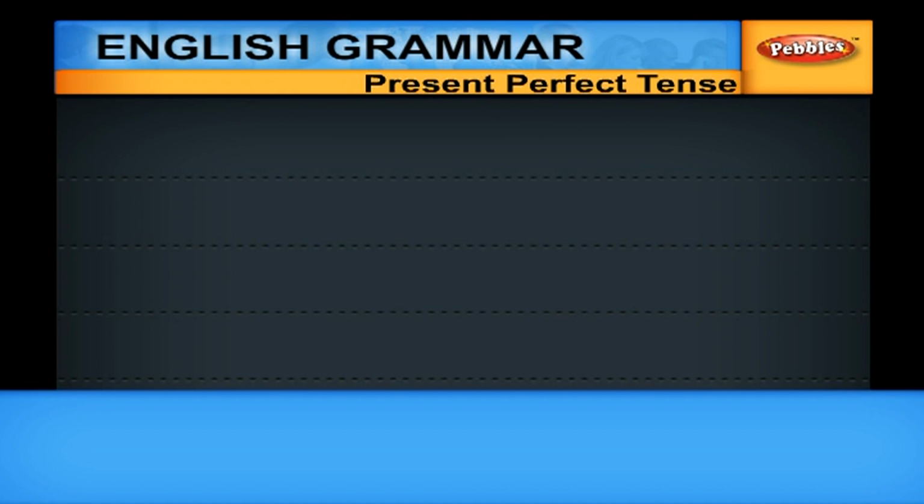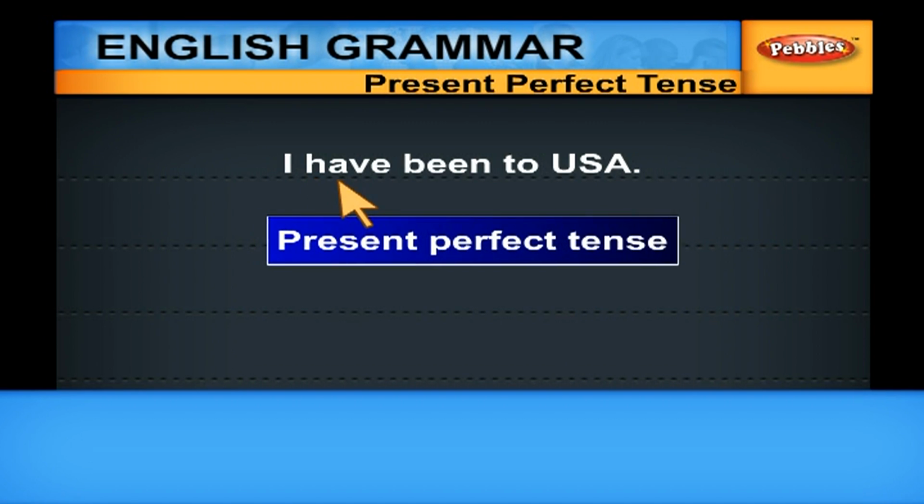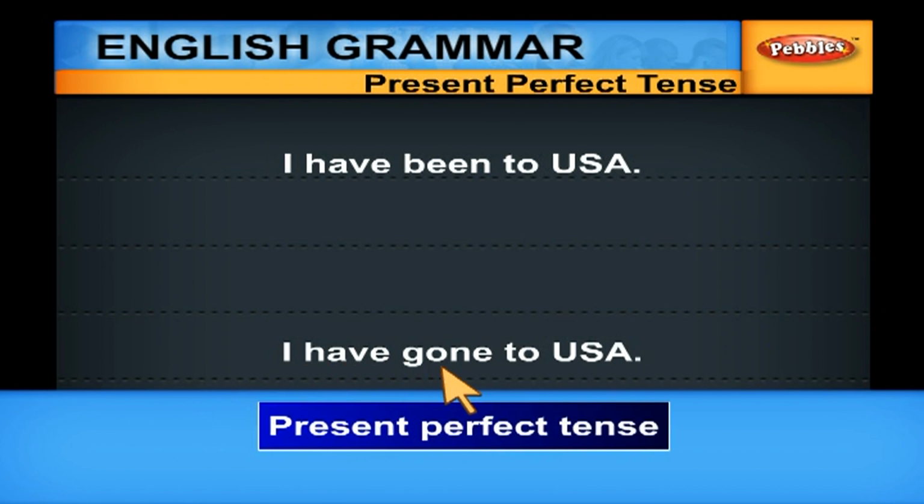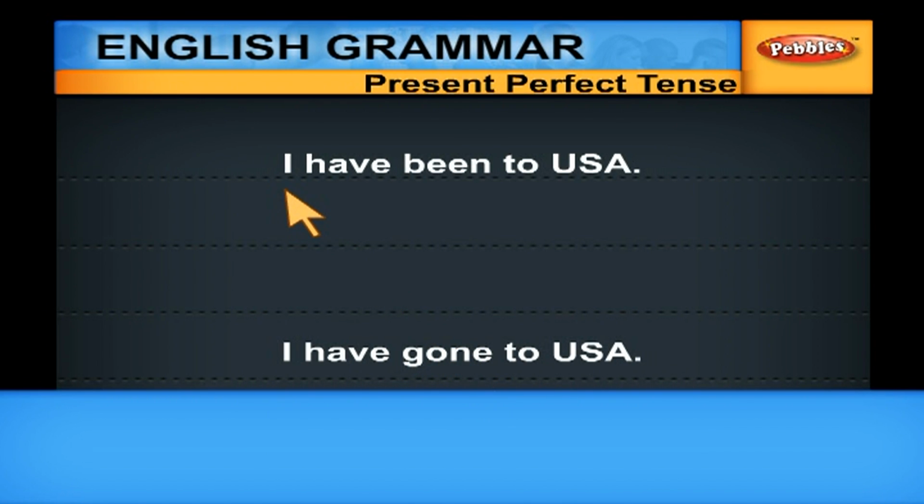What is the difference between these two constructions? I have been to USA. It is present perfect tense. I have gone to USA. It is in present perfect tense. When I say I have been to USA, it means that I went to USA at some point of time in the past.